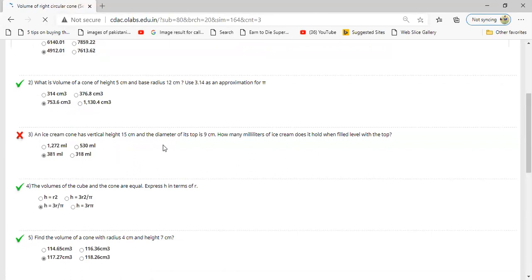Why is it wrong? Achha, milliliters. We have to convert into milliliters. It is given in centimeters. Okay, okay, okay. So we have to convert into milliliters. That's why it was wrong.